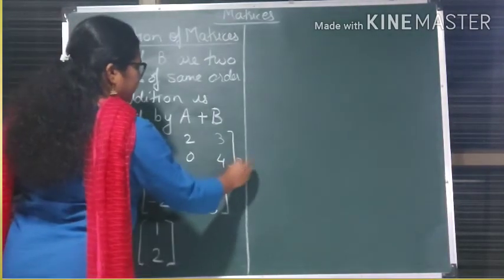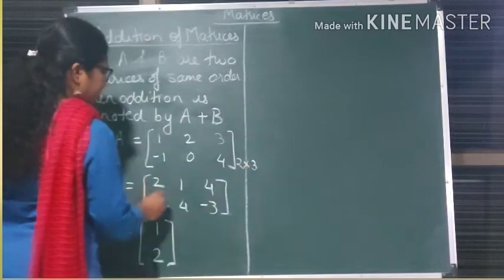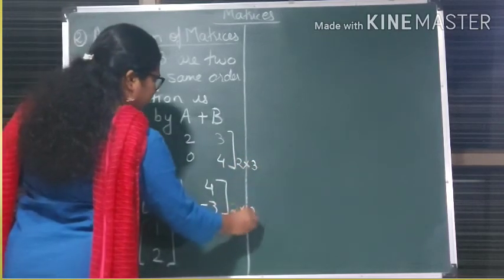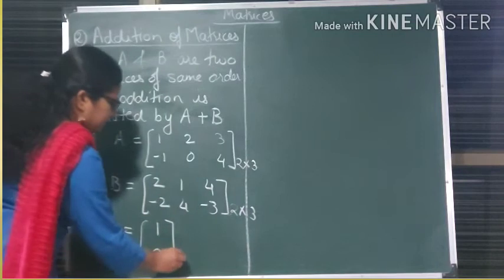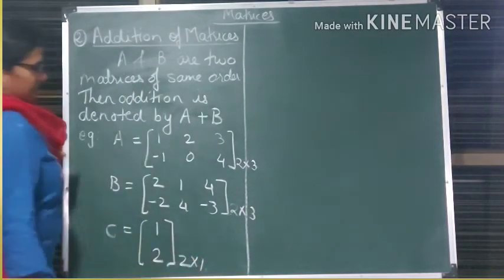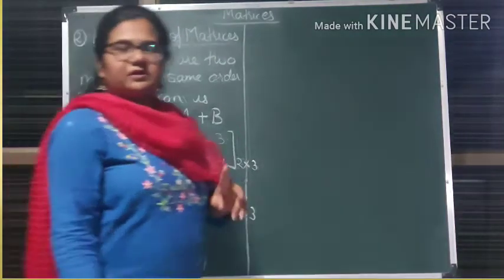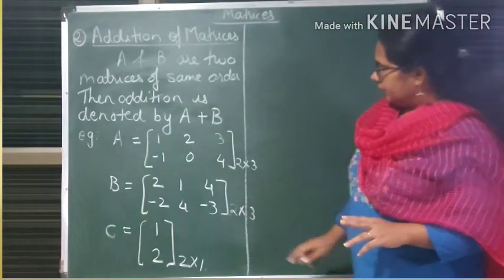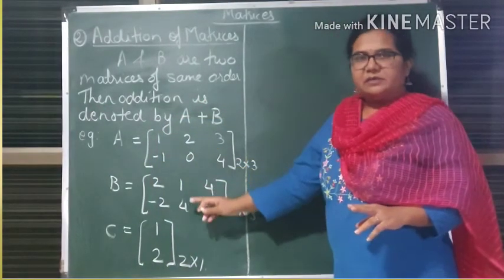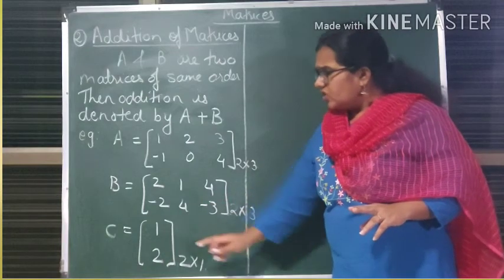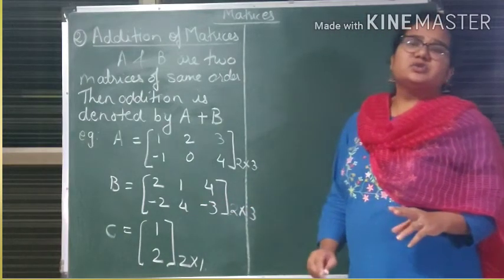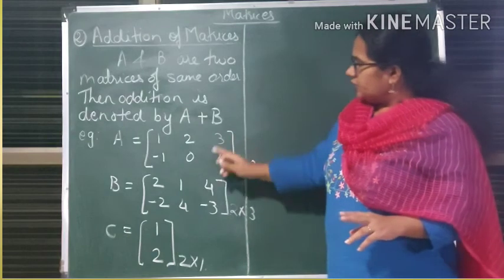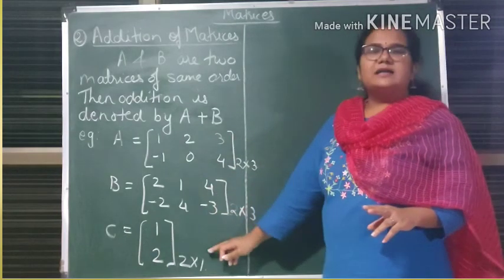It is 2 by 3. Order of matrix B, again it is 2 by 3. What is the order of matrix C? It is 2 by 1. So, you have three matrices in which two matrices have the same order. So, you can add A and B. But what is the order of matrix C? It is 2 into 1. So, you cannot add A or B to matrix C.